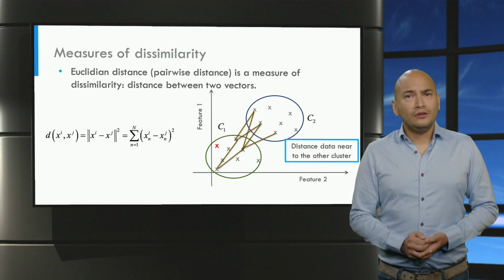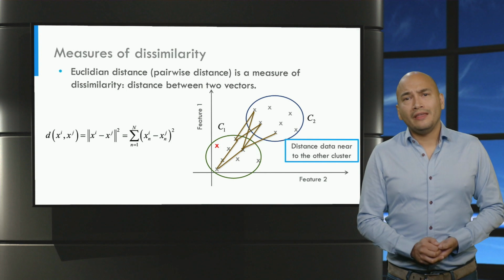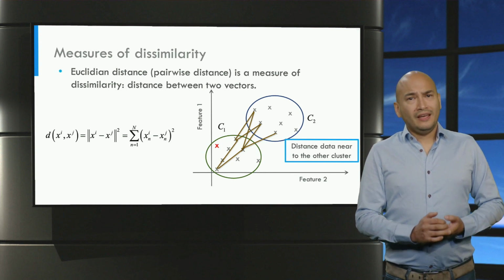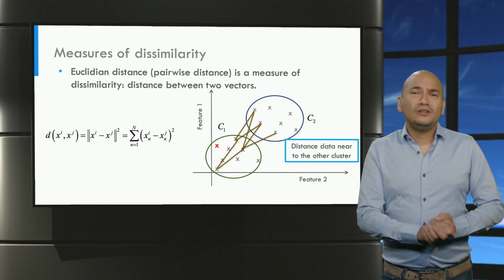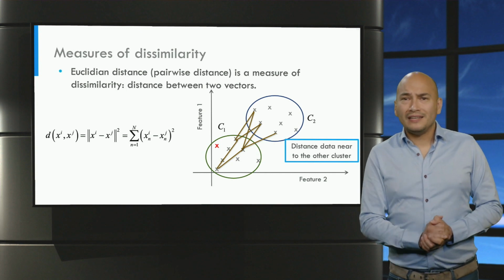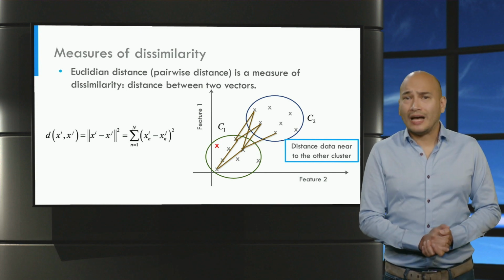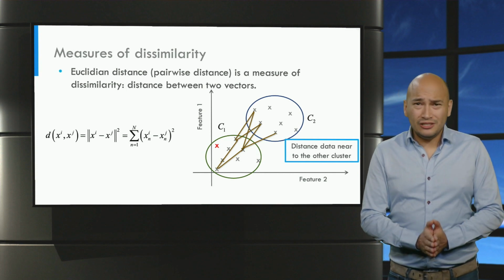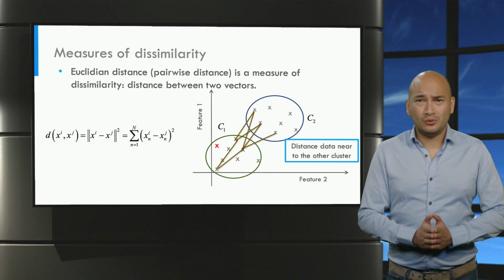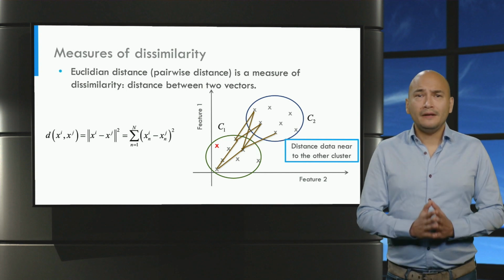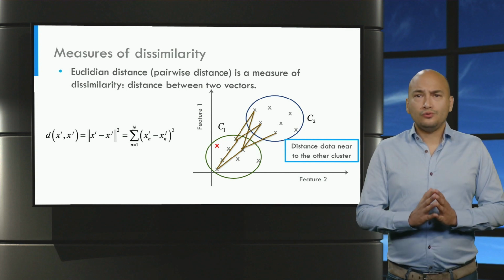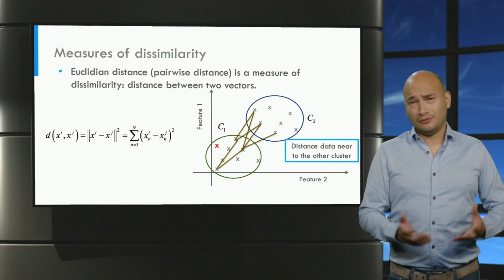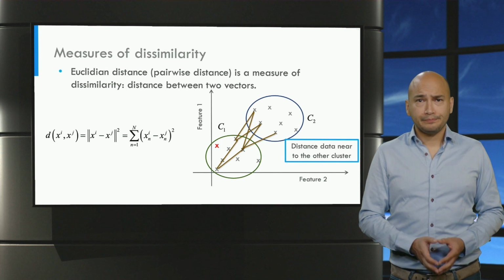In this plot, you can see when the data samples are near the boundaries of clusters, they are going to be closer to the members of the other clusters than to the other samples in the same cluster. So we need to pay attention to how the boundaries between clusters are defined and how they are going to affect the clustering results of different algorithms that you might use from the literature.